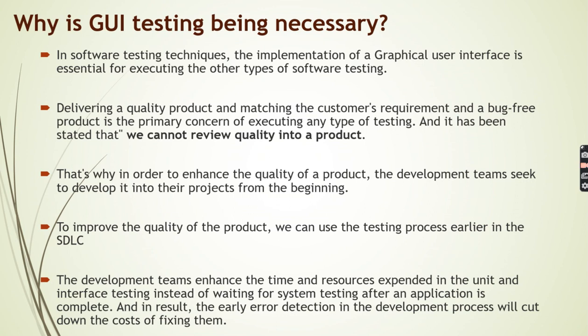The development team increases the time and resources expended in unit and interface testing instead of waiting for system testing after an application is complete. Earlier error detection in the development process will cut down the cost of fixing errors.